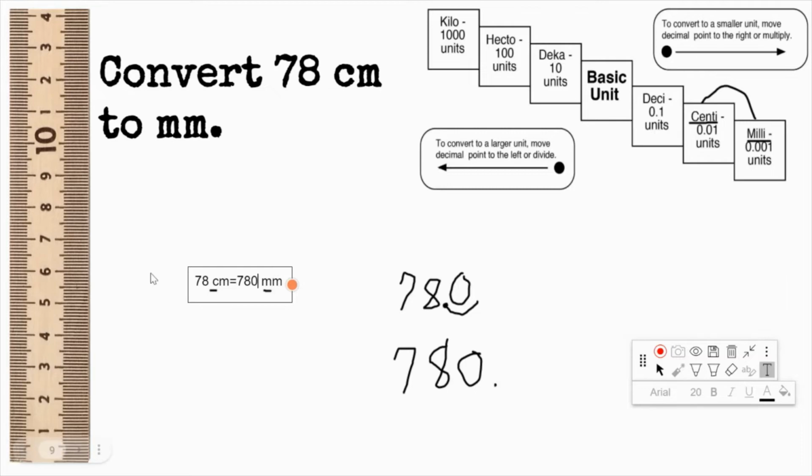Right, so whenever you're converting 78 centimeters to millimeters, again, we just went 1 to the right, and that just means that we moved the decimal 1 to the right, and that gave us 780. Right, so let's do another one.